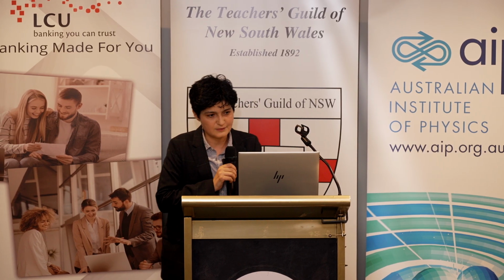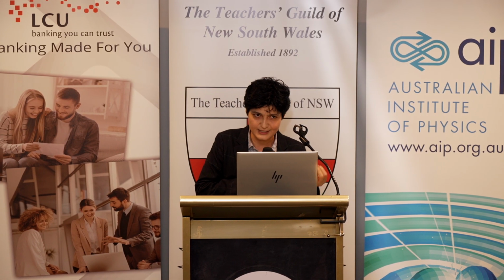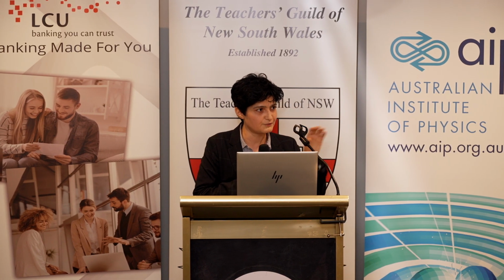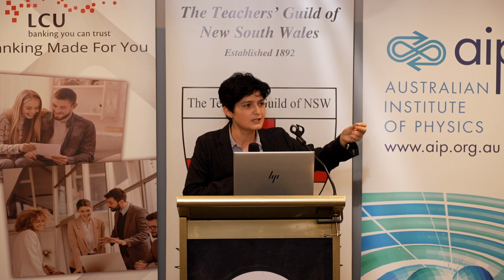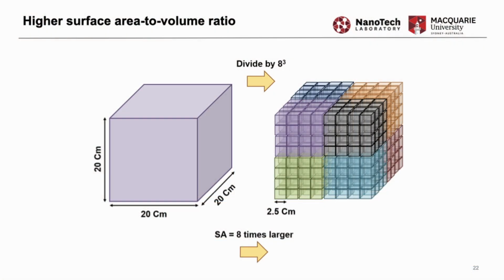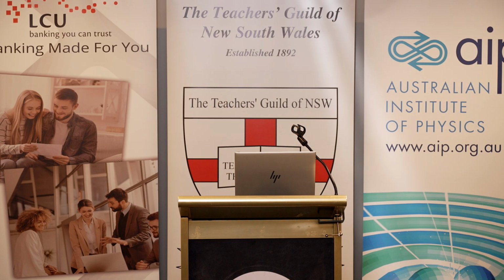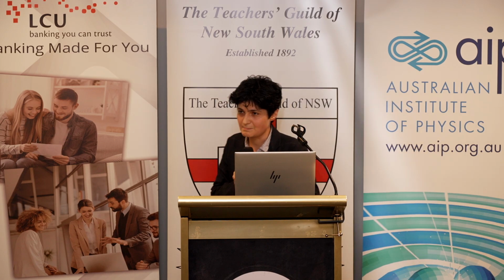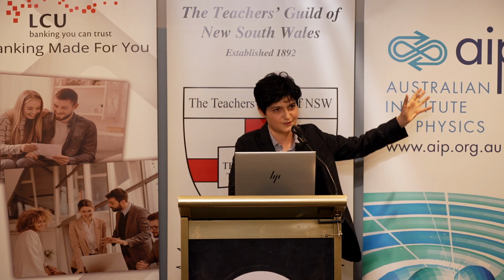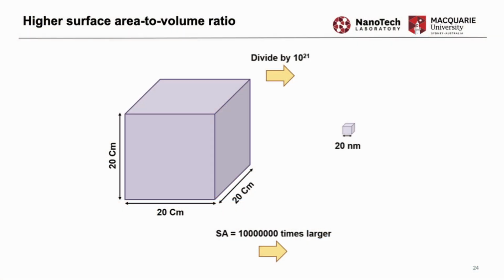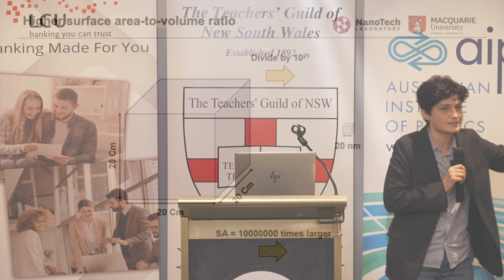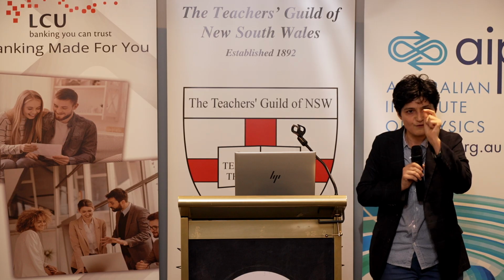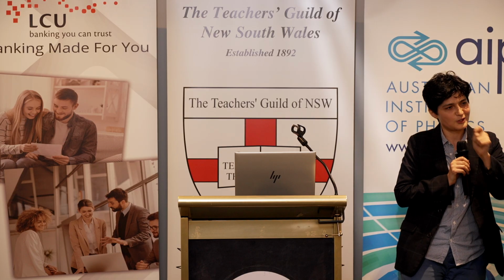If I divide it further, it means that I am going into the nanoscale. I am making my sensor, or whatever you would imagine, from tiny building blocks. And I couldn't draw this, but if instead of making my sensor out of blocks of 20 centimeters, I make them out of blocks of 20 nanometers, then I would have 10 million times more surface area, which means 10 million times more atoms on the surface waiting to react with those 5 molecules in that 1 billion molecules.